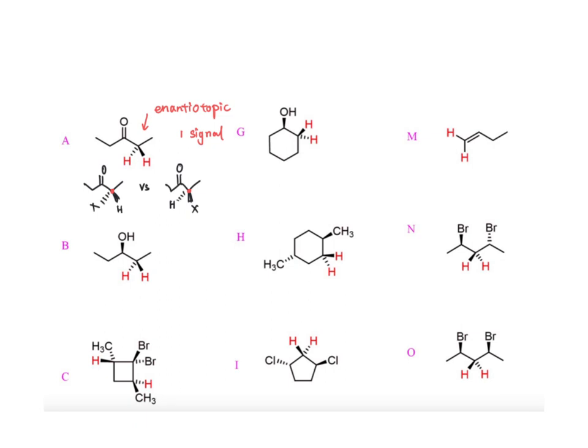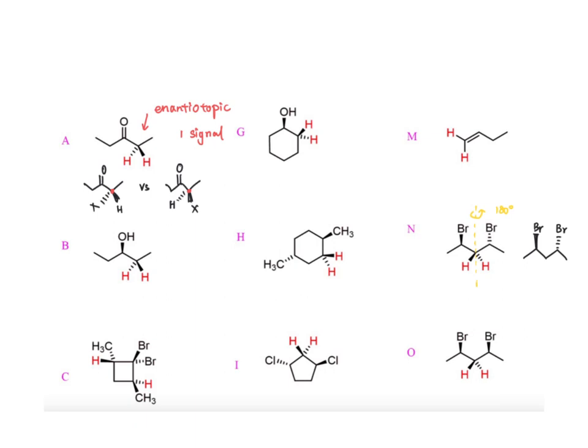In molecule N right here, there are two ways we can look at it. Let's use another way: we're going to see if there is rotational symmetry for the two hydrogens. If we rotate this molecule 180 degrees, let's see what we get. What we get is exactly what we see here.